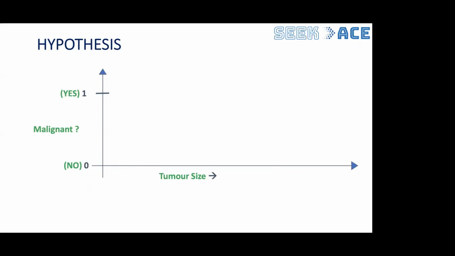Before deciding that, we need data. So let's say we have some data points. How can we learn this? How will we come up with a model so that every time we pass the tumor size, it will tell us whether the tumor is malignant or not?